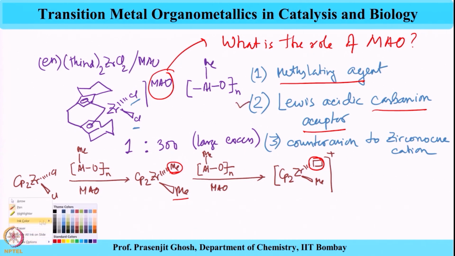This, portrayed out here, is the second role of methyl abstraction, and then this methyl group ends up in the carbanion of MAO as is shown here.